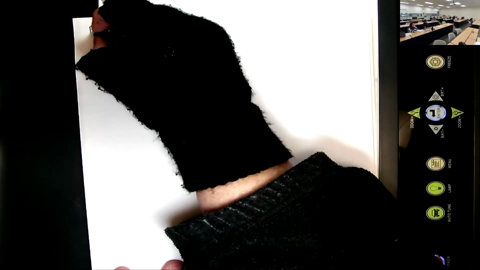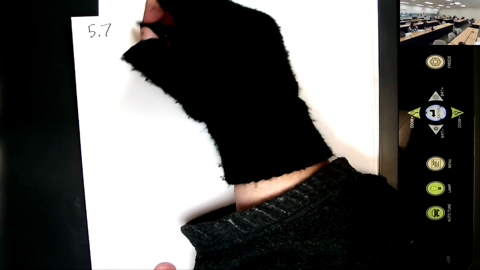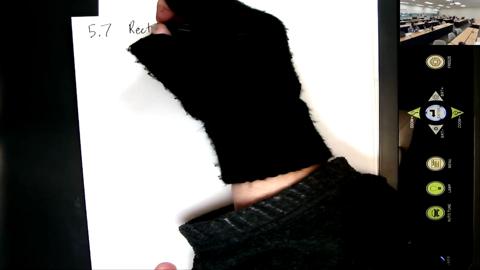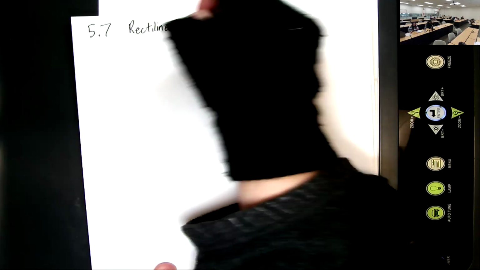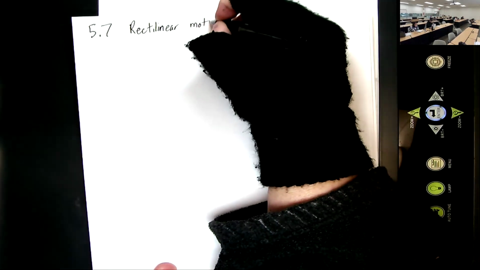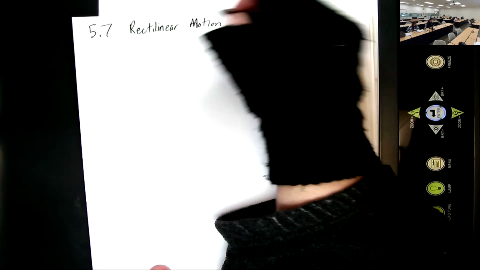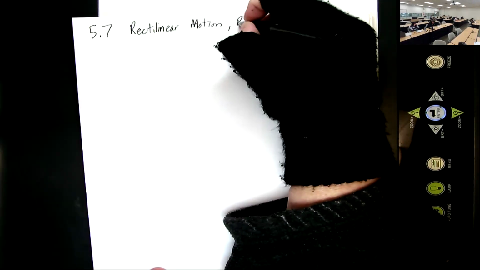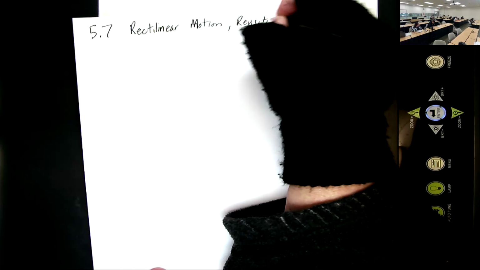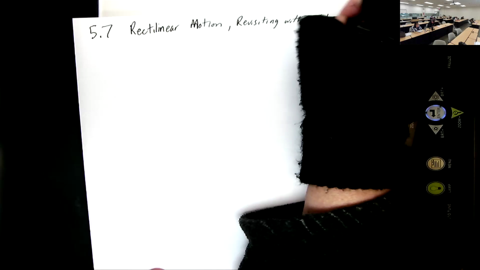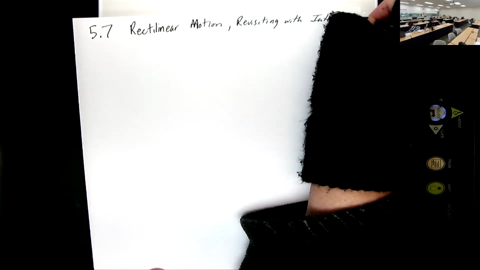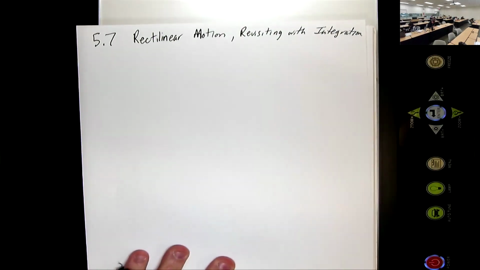So 5.7, I don't think we'll finish it, is on rectilinear motion. It is a weird word. We've talked about it before, we're revisiting it with integration. I want to say we did this at the end of chapter 3.